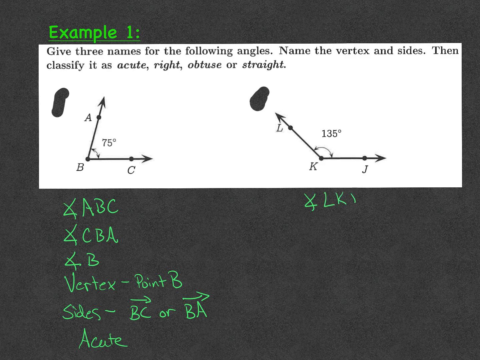Angle LKJ. Gracie, give me another name. Angle K. Naya, give me the last one. JKL. So remember, guys, you can do the vertex, or you can start on one of the rays and just follow down the road, LKJ, or go the other way, JKL.